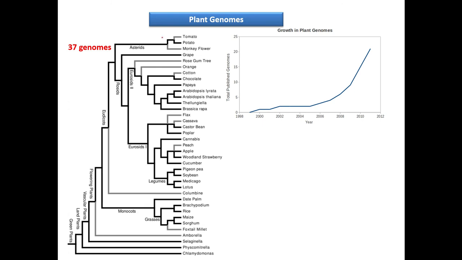Okay, so from this we want to show how these things are related to each other. As you can see here, potato and tomato are very closely related, but monkey flower is somehow distantly related to these two.